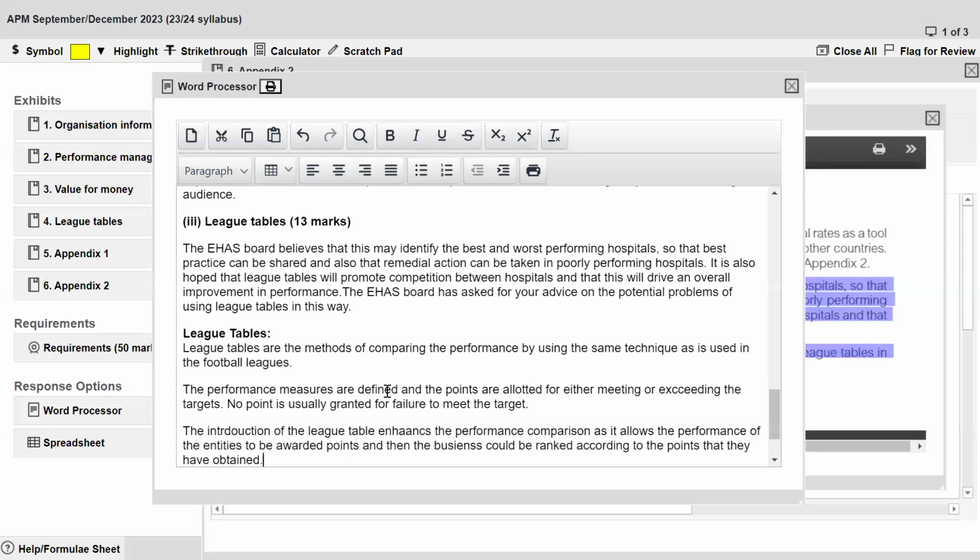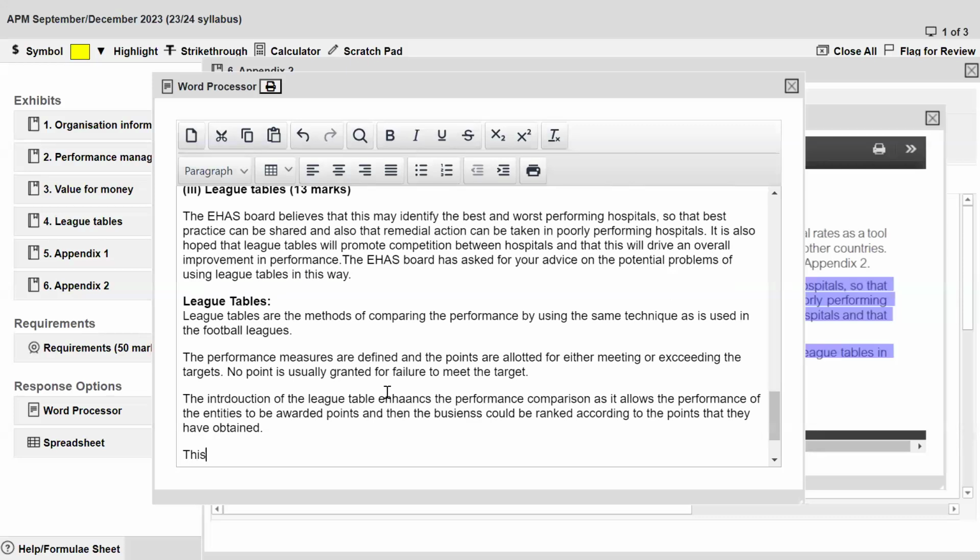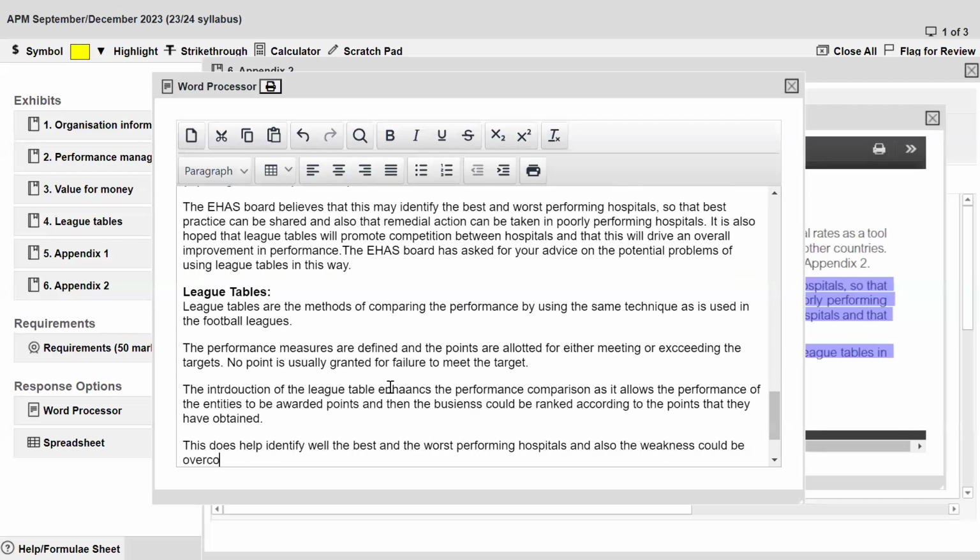Now, this does help identify well the best and the worst performing hospitals, and also the weaknesses could be overcome by taking the remedial actions.